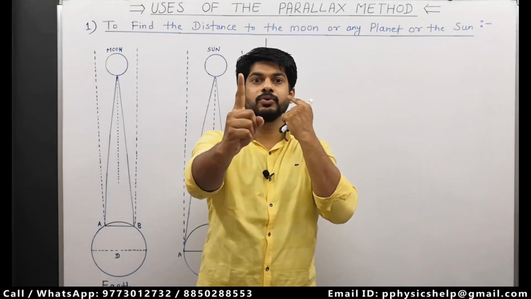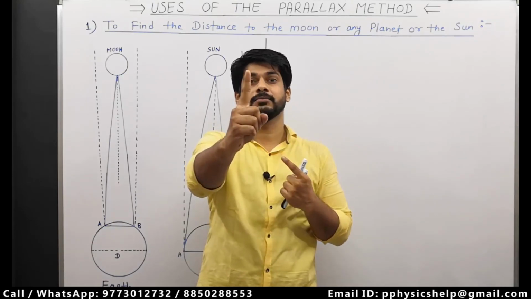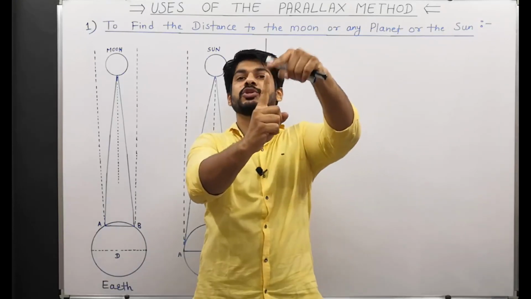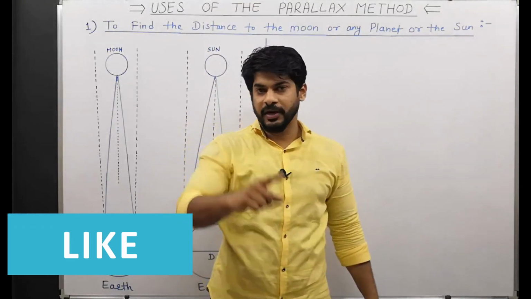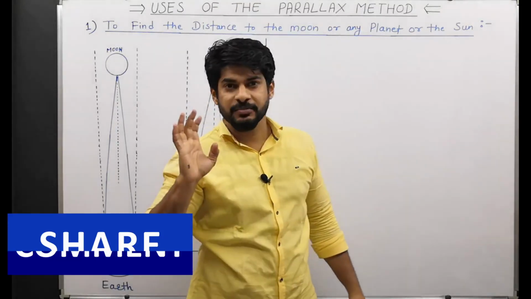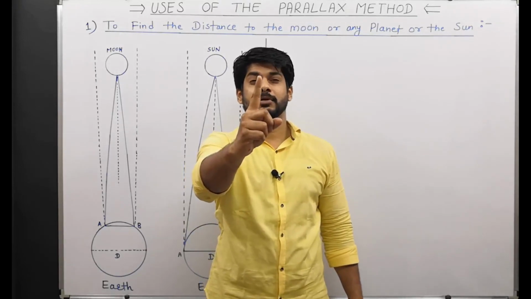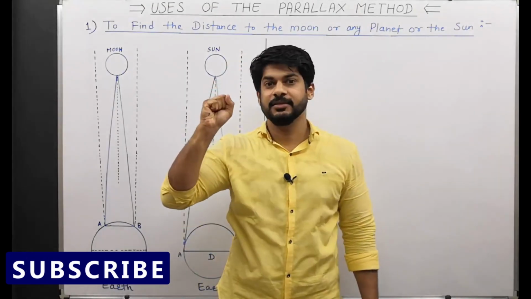When I close one eye and observe, and then open the other eye, I see the position of this finger change with respect to the background object. Right now the background object is this camera. So with respect to the camera, this finger appears to change its position. That is parallax for us.